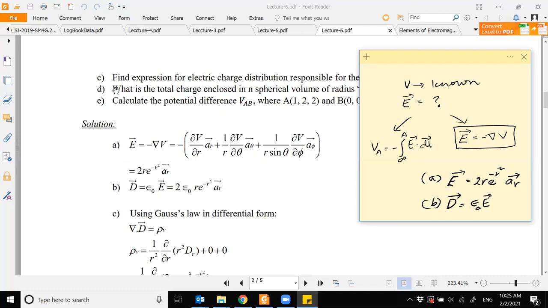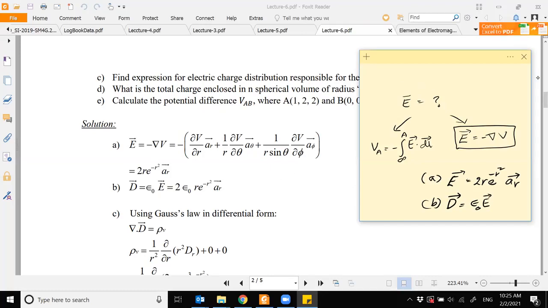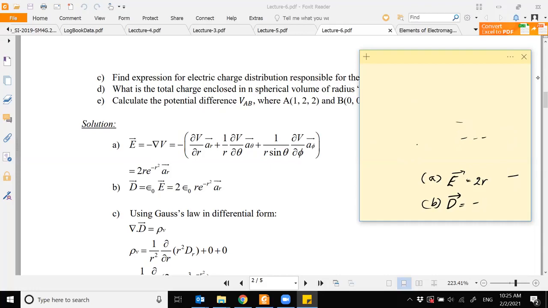Now, next, we need to find the charge distribution. So how can you find the charge distribution when potential and electric field are known to us? Now let's go back and look at what we have. E bar is known to us, V is known to us.